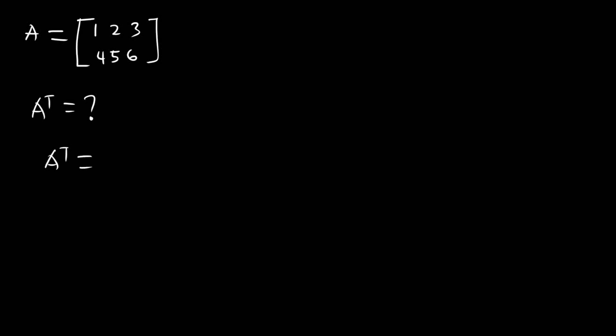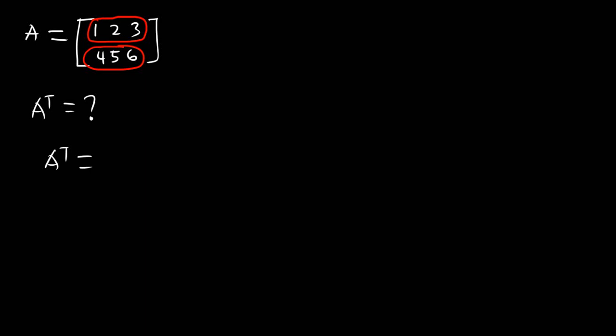This matrix A has two rows, right? So I have row 1 here and then row 2 here. To find the transpose of this matrix, all I'll do is change the rows to columns, which means that I'm going to rewrite the values vertically. You see that in this case they are written horizontally.